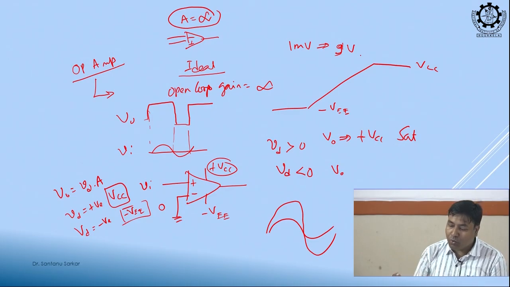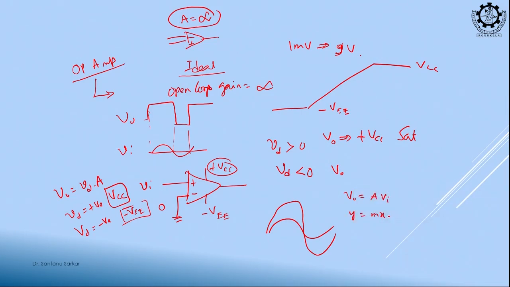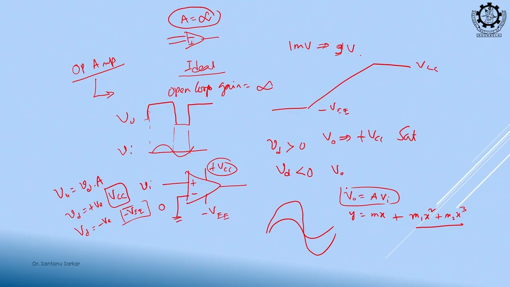So, what are the nonlinear elements? If your output is a linear function of input, y is equal to mx, up to that first order term it is linear. The moment other higher order terms come, it will start to become non-linear. Up to first order term it is okay, it is linear, the superposition theorem will be satisfied, right.